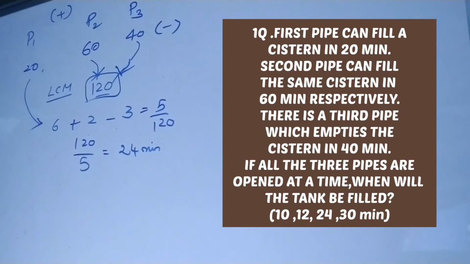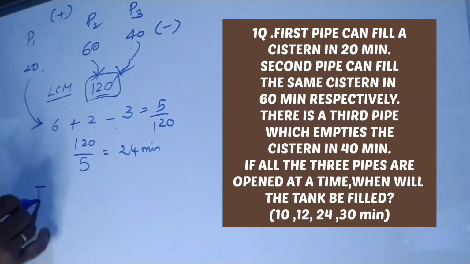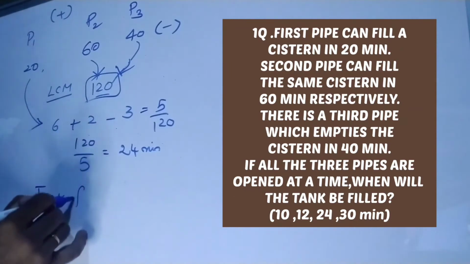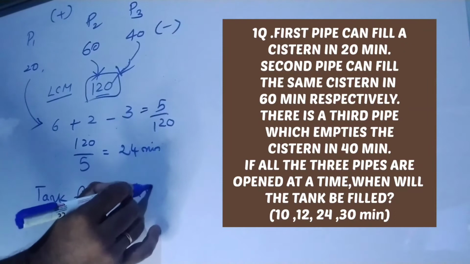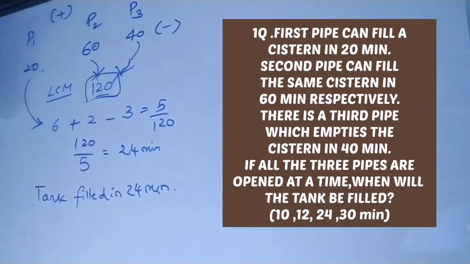So that is 6 plus 2, 8 minus 3, 5 by 120. That is 120 by 5, which is equal to 24 minutes. The question is, the tank is filled in 24 minutes. This is question number 1.